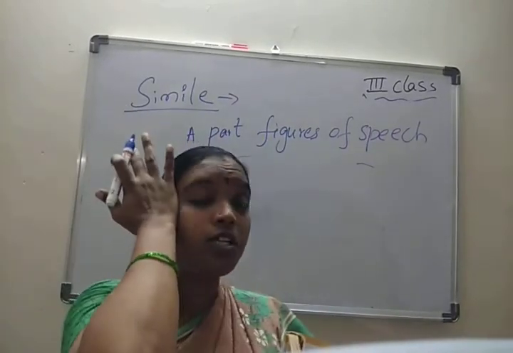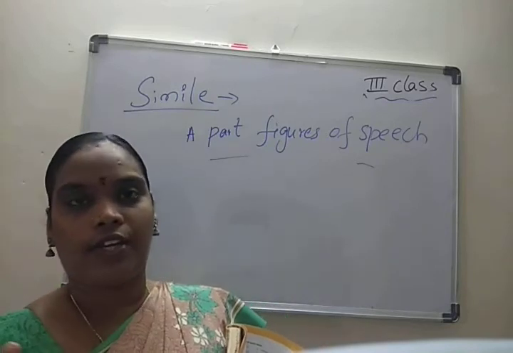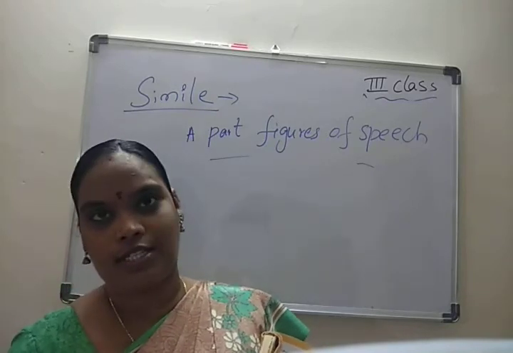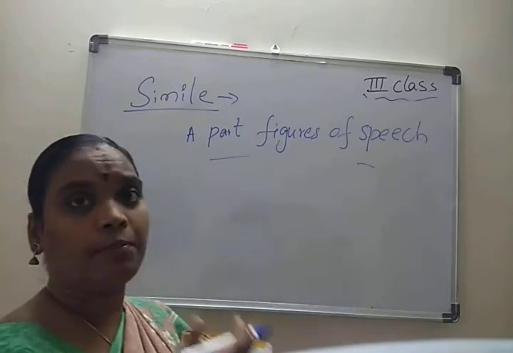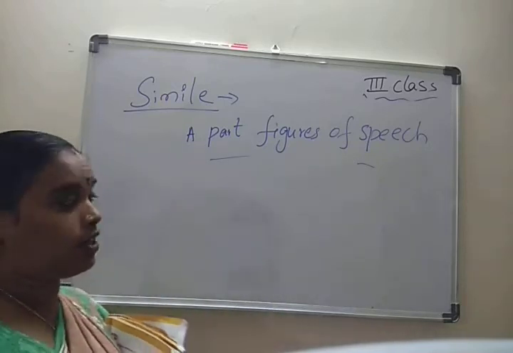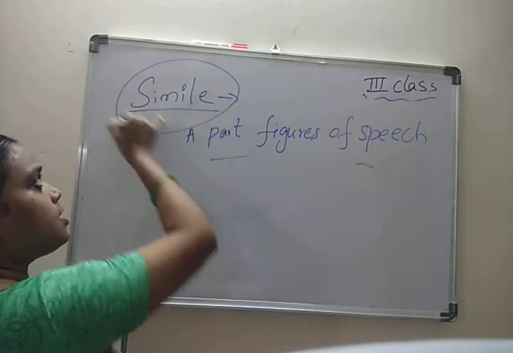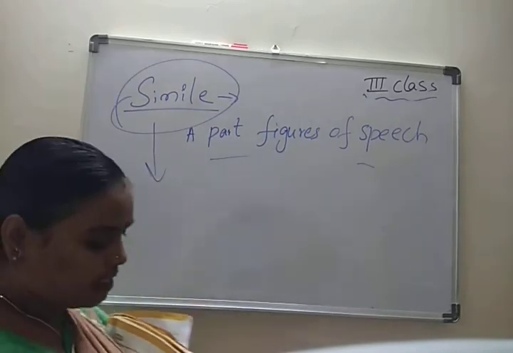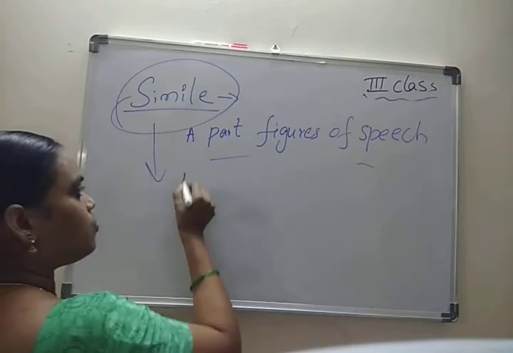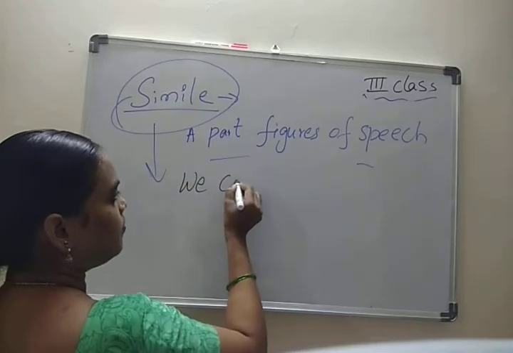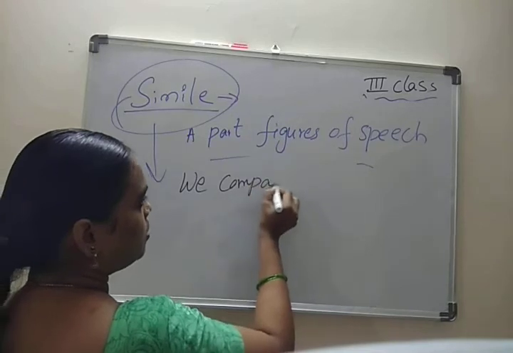Like parts of speech, we have noun, pronoun, adjective, like that. Here also simile, metaphor, personification. Now we are talking only about simile. Simile is a comparison. We compare two things.